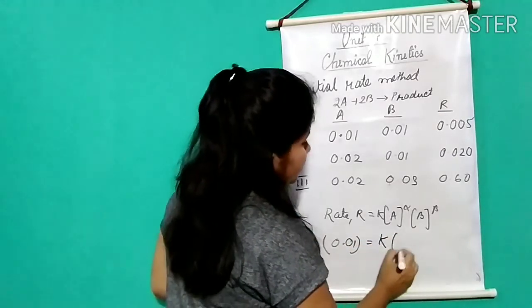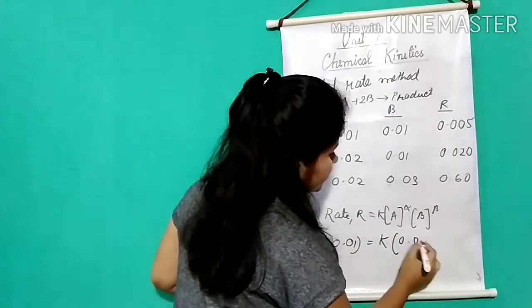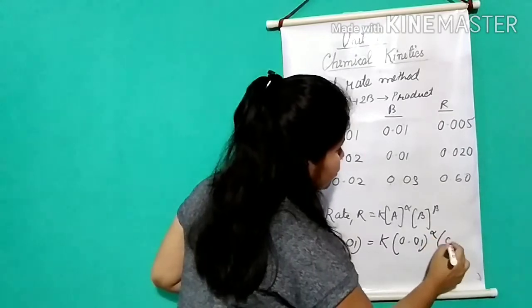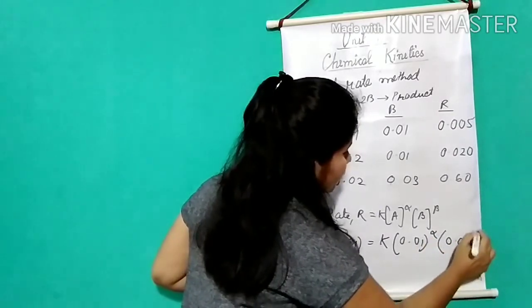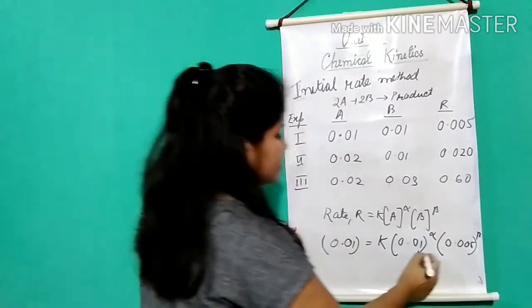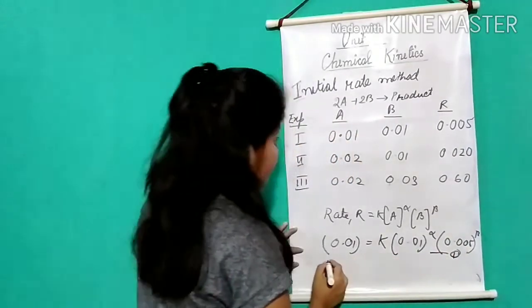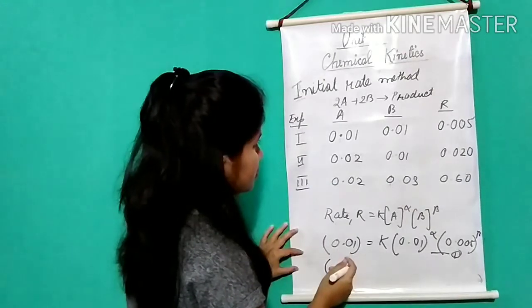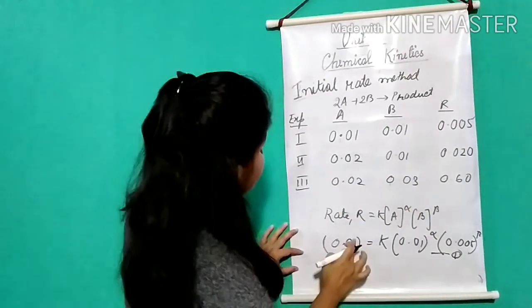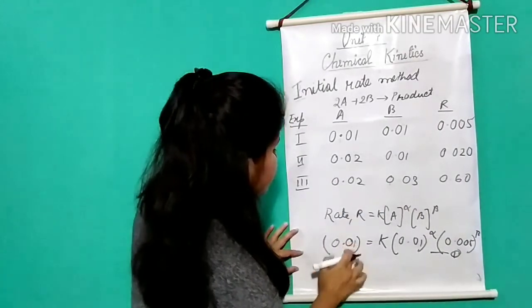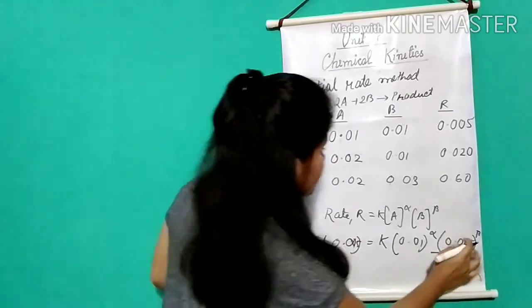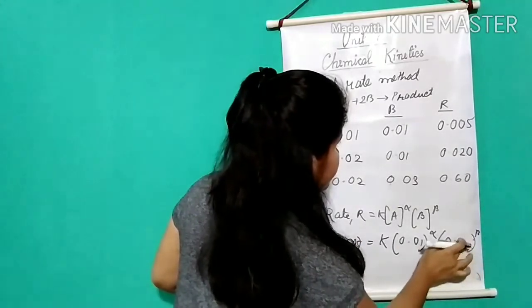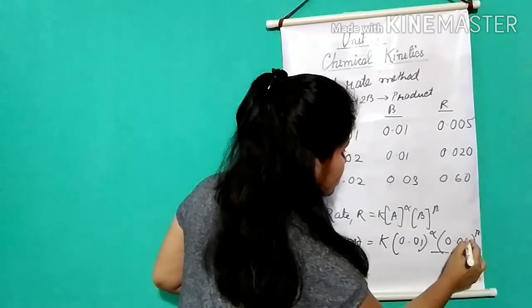K into 0.01 to the power alpha, 0.005 to the power beta. So this is equation number 1. Next is equation number 2. Sorry, I have written something wrong: 0.005 here, 0.01.